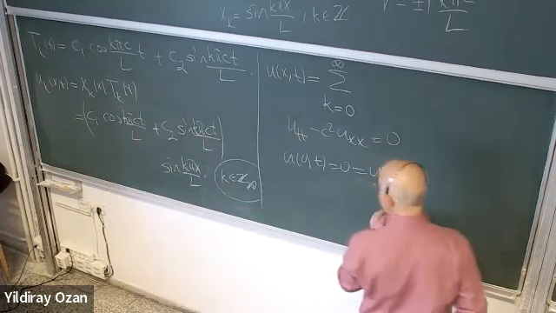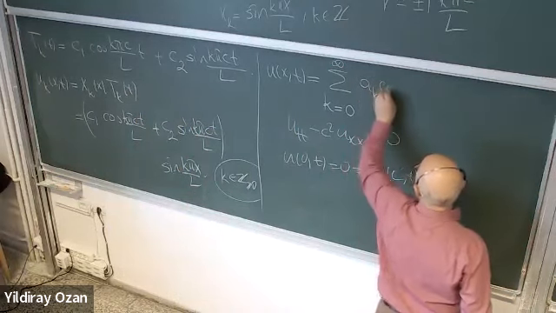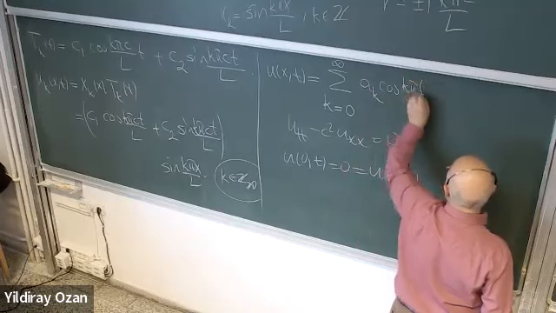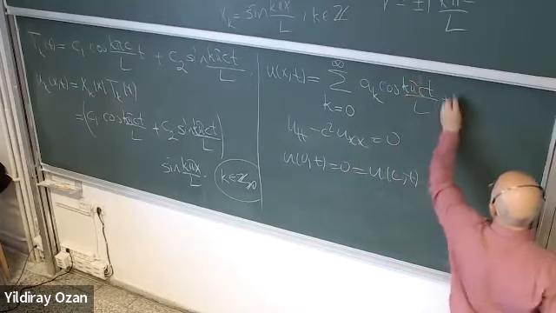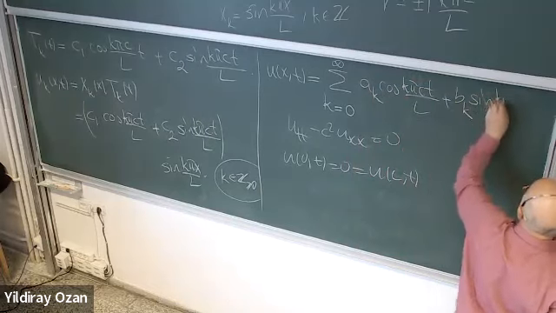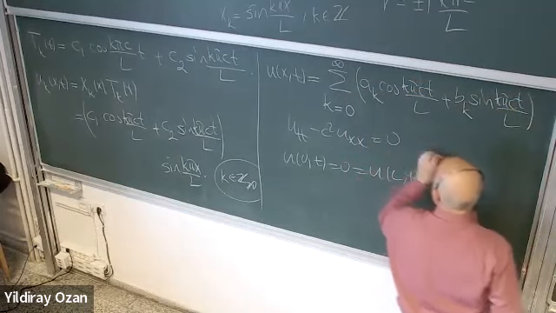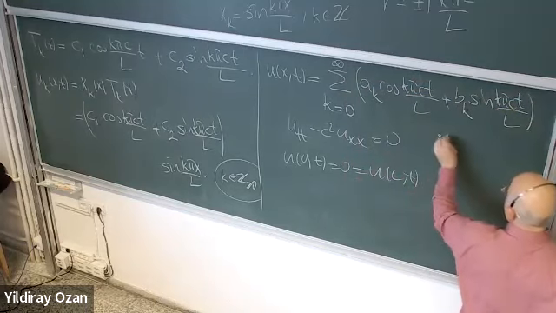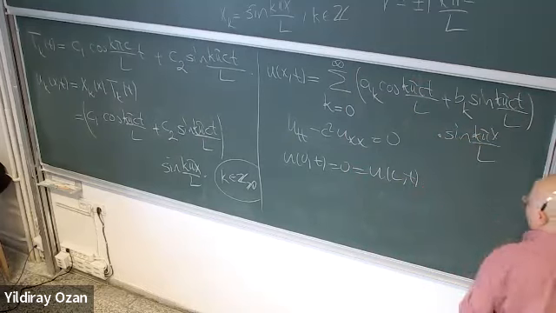So let me write it this way: A_K times cosine(K pi C T over L) plus B_K times sine(K pi C T over L), and then multiplied by sine(K pi X over L).